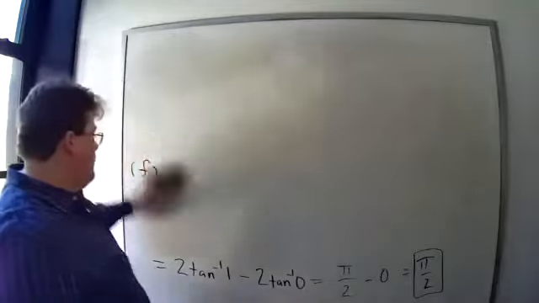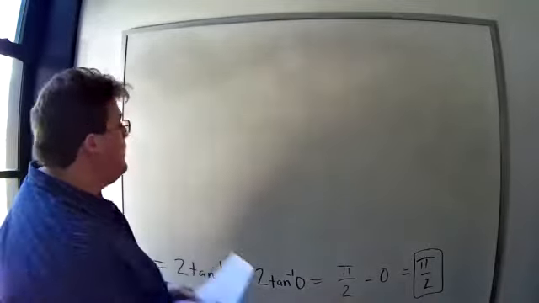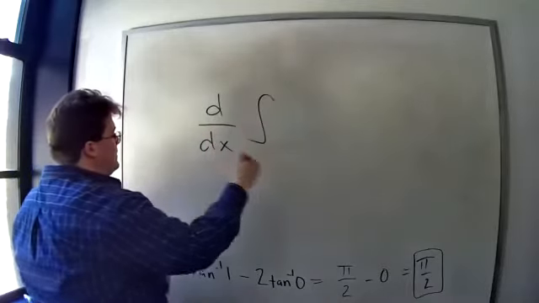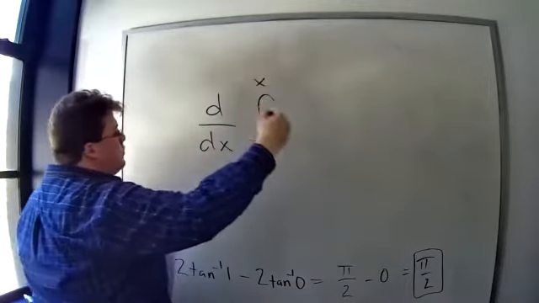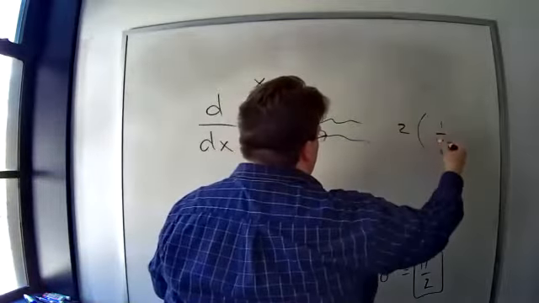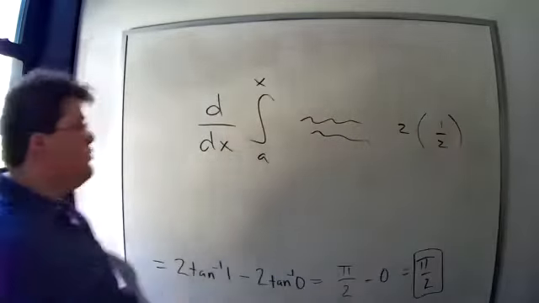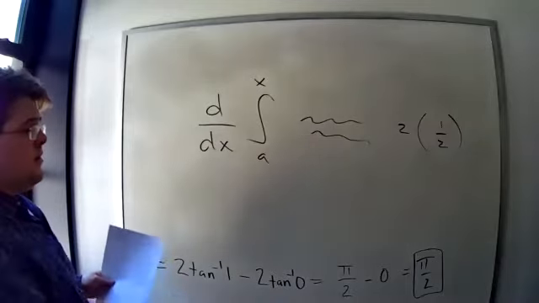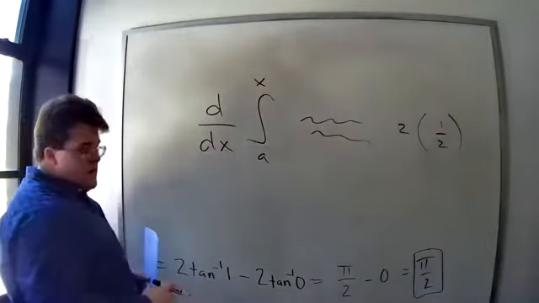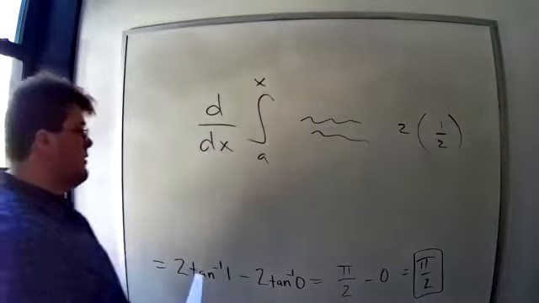In the most basic sense, you can think of the derivative of a definite integral sort of being in the same mind as taking 2 and 1/2 and multiplying them. 2 and 1/2, you multiply, they kind of go away. Derivative and a definite integral, in a sense, kind of go away.